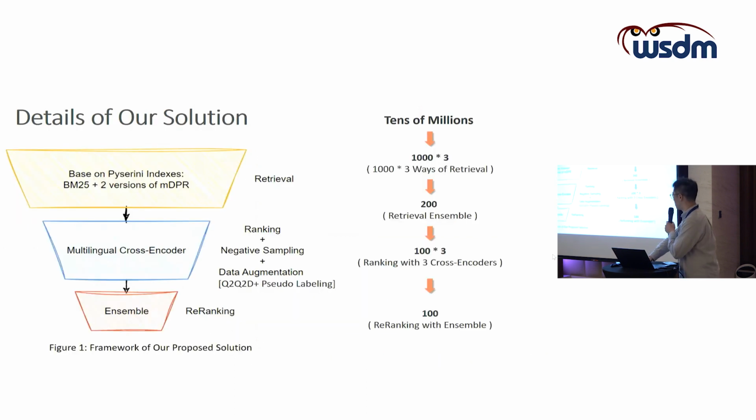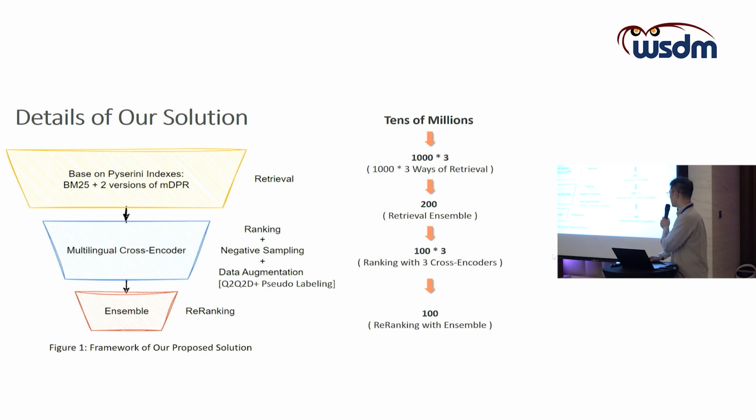This is our whole framework for the solution. Our proposed solution revolves around the framework illustrated on the left side of the figure, which is composed of 3 stages: retrieval, ranking, and reranking. In the retrieval stage, we utilize the pre-built indexes from Pyserini and retrieve 1,000 documents per query per model, resulting in a total of 3,000 documents.